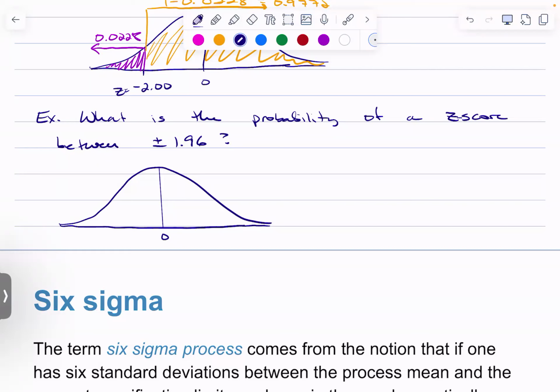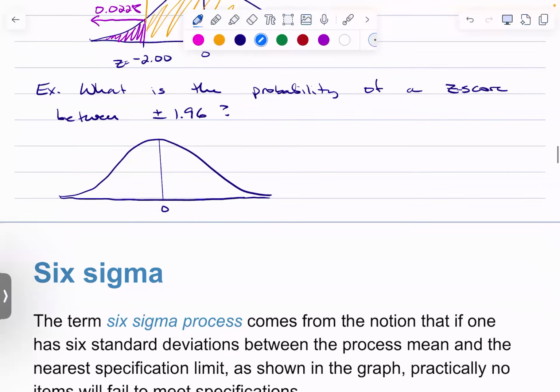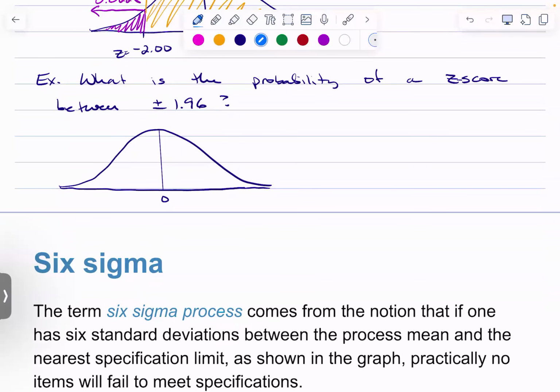And I want to know the probability, which is the area under the curve, between negative 1.96 and positive 1.96. What's really fun about these, and also annoying, is there are lots of different ways that you can get to the same results because these are all just puzzle pieces.